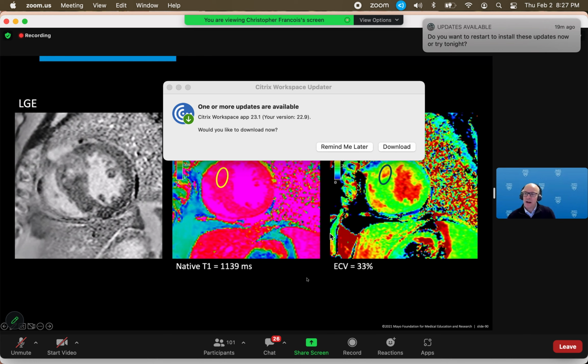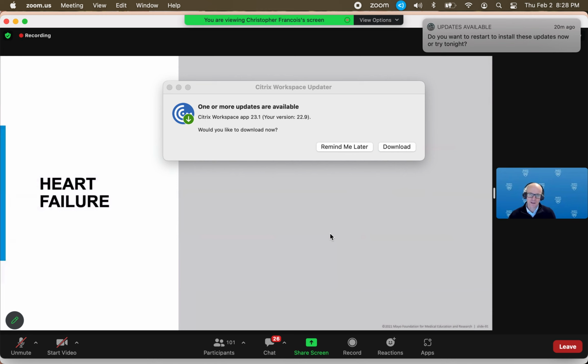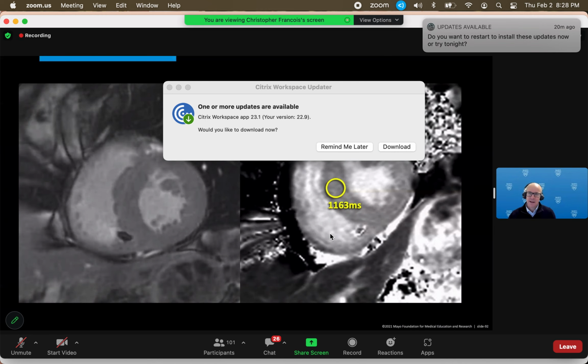In patients with Fabry's disease, the T1 times actually go down. Again, I just point this out for curiosity, for interest. It adds some color to the presentation, but I don't think that T1 mapping is going to show up on your board exam just quite yet.